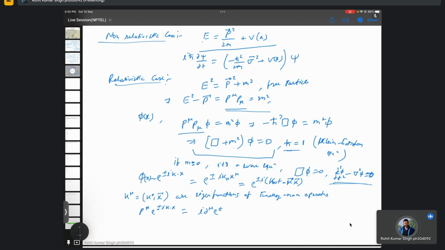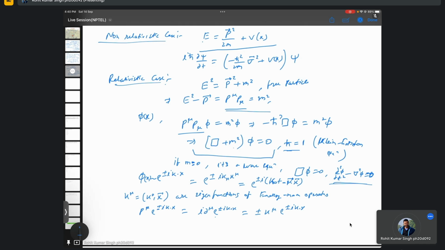And what we get is, we have to just differentiate with respect to x, and this will give us k mu times the wave function, because it's an exponential function.